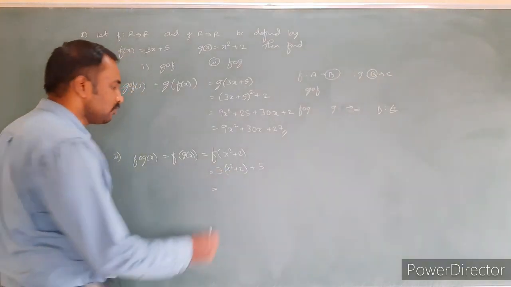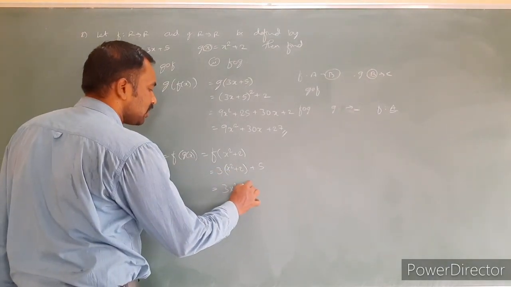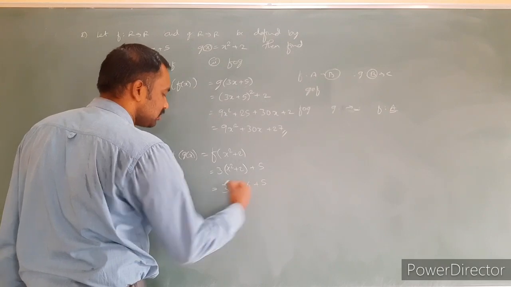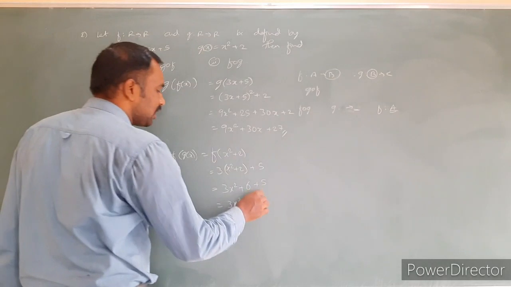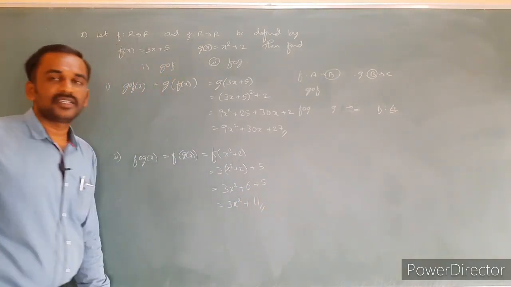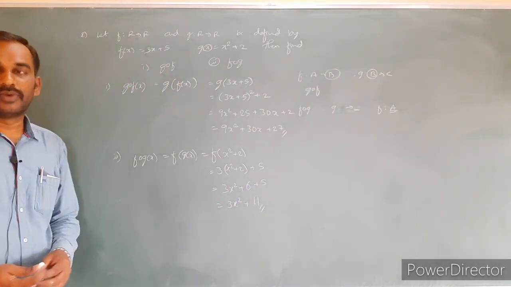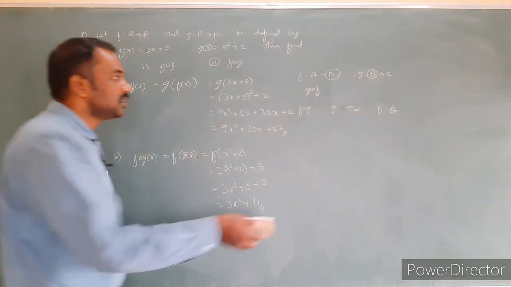Now, what can we write? 3x square plus 3 times 2 plus 5. Finally, 3x square plus 6 plus 5. We can write 6 plus 5 as 11. That's all. This is how we have to write the composition of two functions.